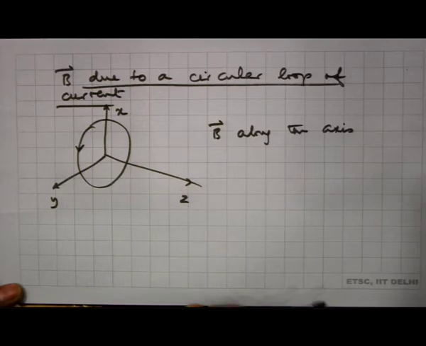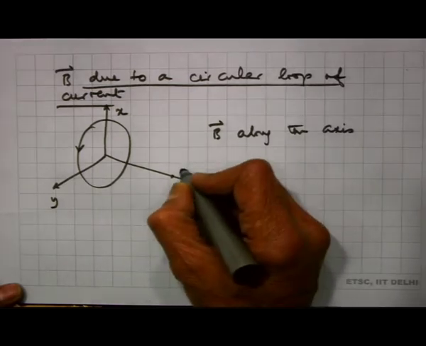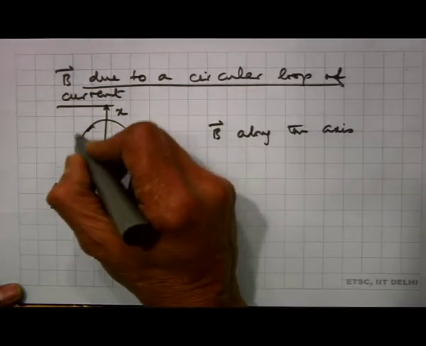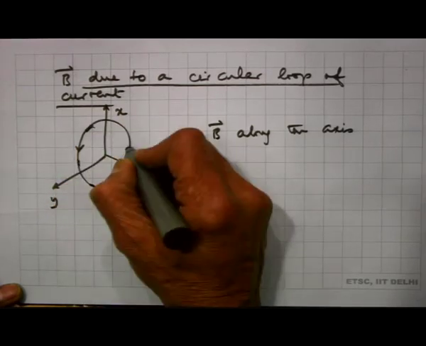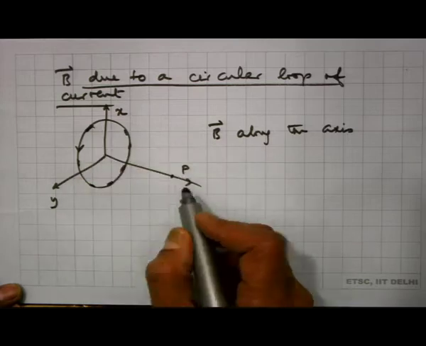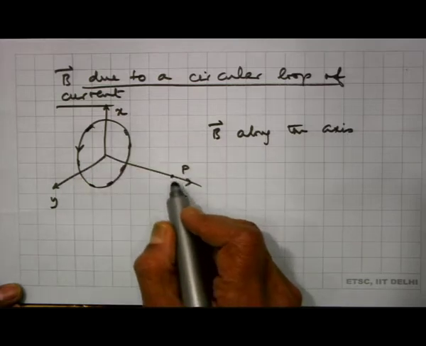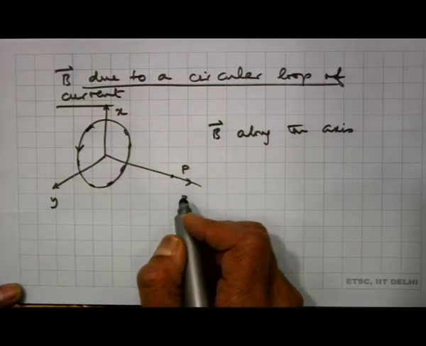So, we started looking at it. If this is the point P, I need to consider different elements of current here, here, here, etc., and integrate the magnetic field produced by all current elements at this point to calculate the total magnetic field.